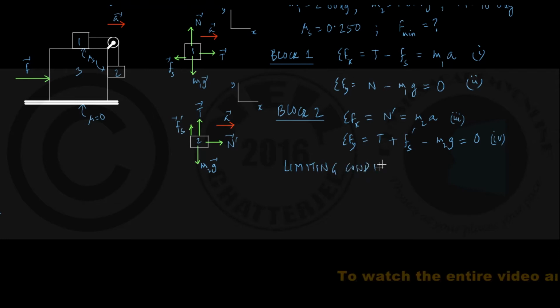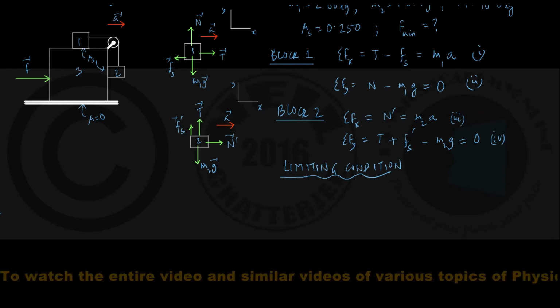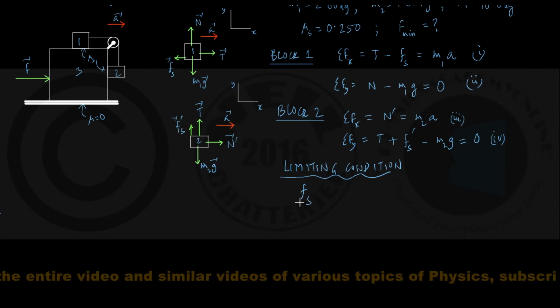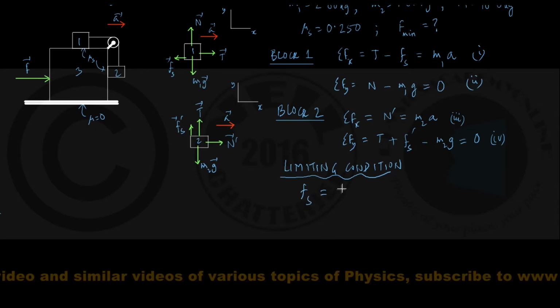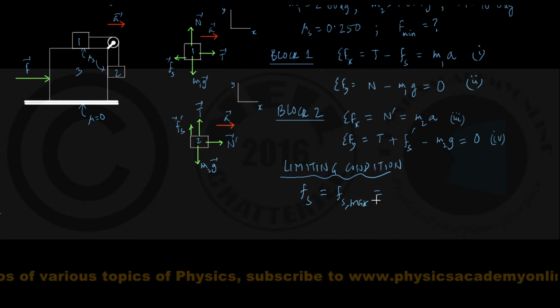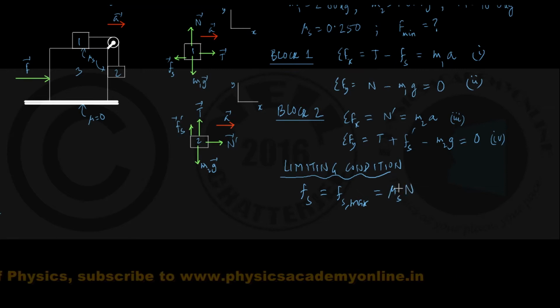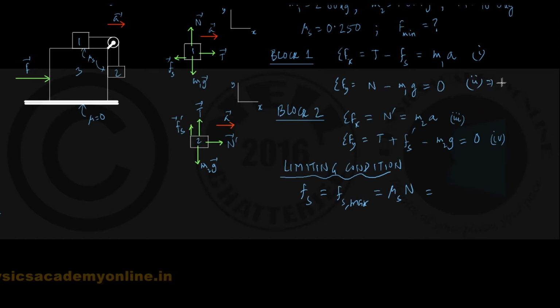So under this limiting condition, the frictional forces, first of all, between block 1 and block 3, that force is called Fs and corresponding normal force was N. So Fs acting on block 1 becomes equal to Fs max, the force of limiting friction, by law of friction, that is equal to frictional coefficient mu s into the normal force, that is mu s into N. But then looking at equation number 2, you can see that is giving me that N is equal to m1 into g, right?